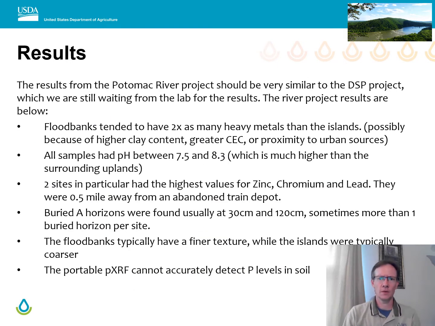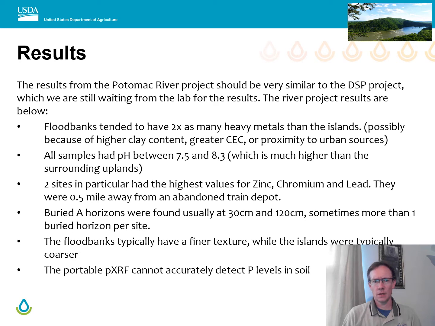So the general results we found are going to be similar to our DSP project, and we're still waiting on lab results for that. Flood banks tended to have about twice as many heavy metals as the islands because of higher clay content, maybe greater CEC, or proximity to the urban sources. Samples had a pH between 7.5 and 8.3, which is higher than the surrounding uplands.